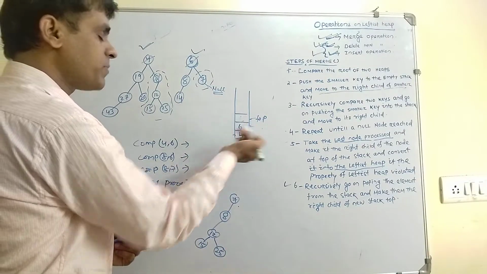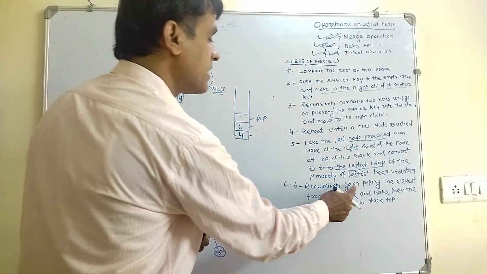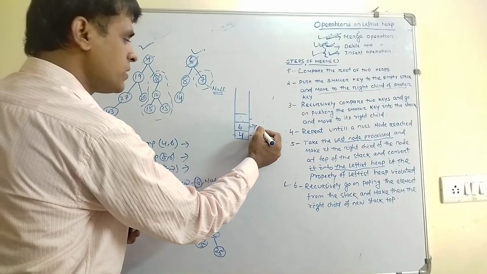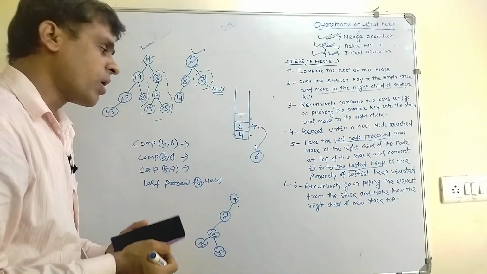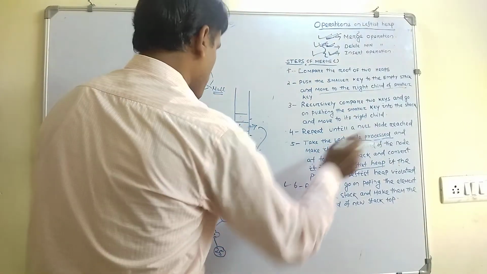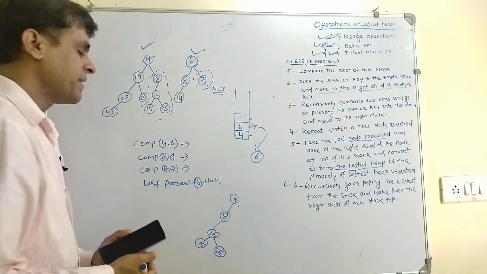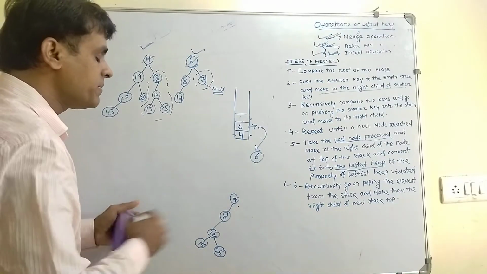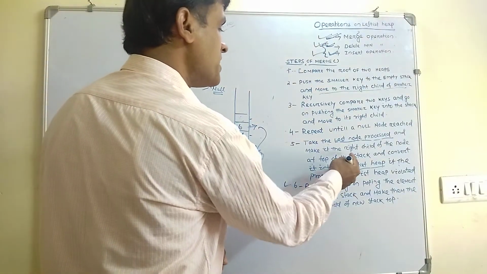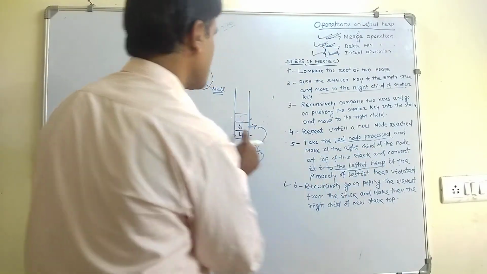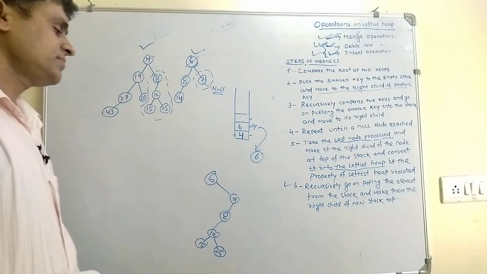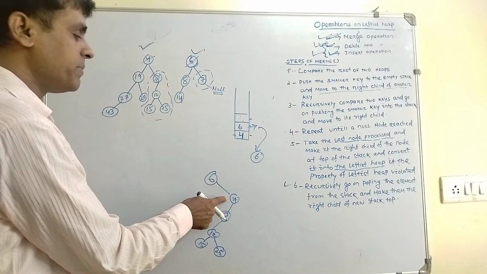Now this 7 is popped. It says to recursively go on popping, so you pop another element. 6 will be popped. When 6 is popped, take the last node processed. The last node processed is 7, and this 7 will be the right child of the node at the top of the stack. The top of the stack is 6. So the right child of 6 will be this.